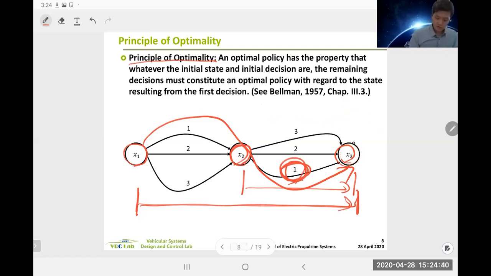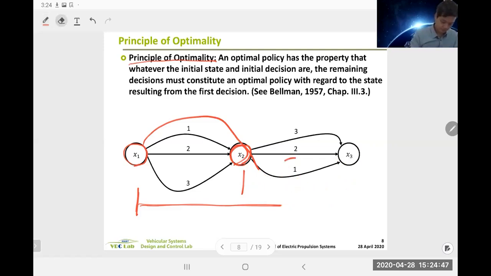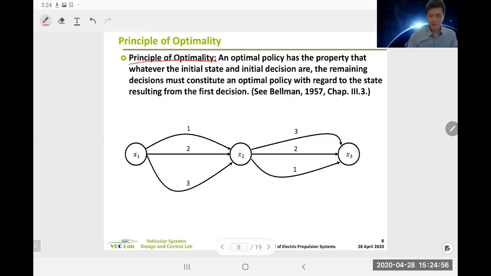Enumeration means, for this example, evaluating all the combinations and then comparing. So let's say this is x1, 1, x1, 3, x2, 1, x2, 3, right?